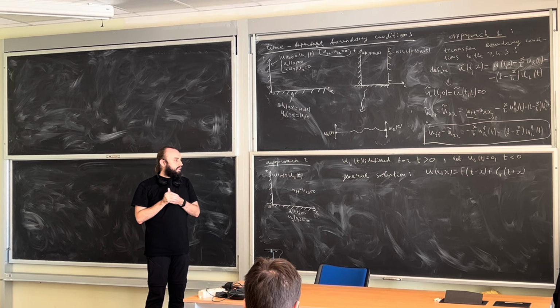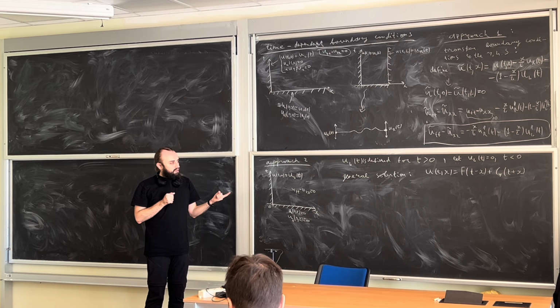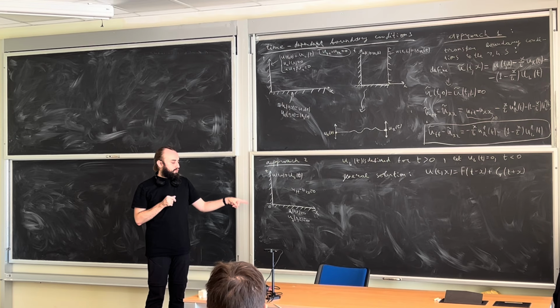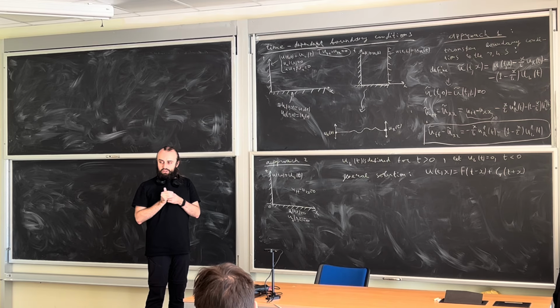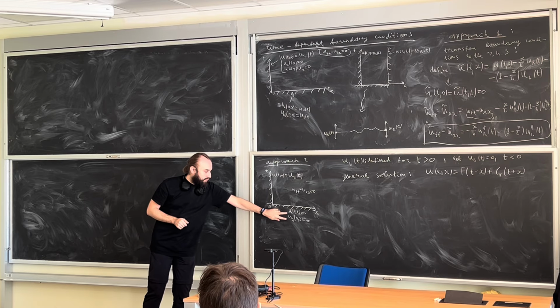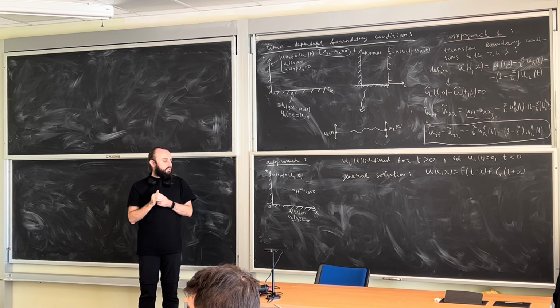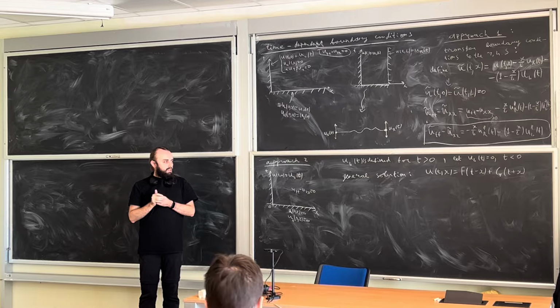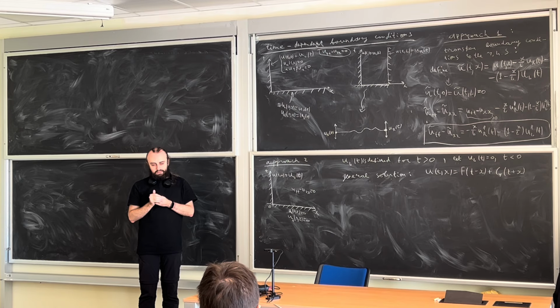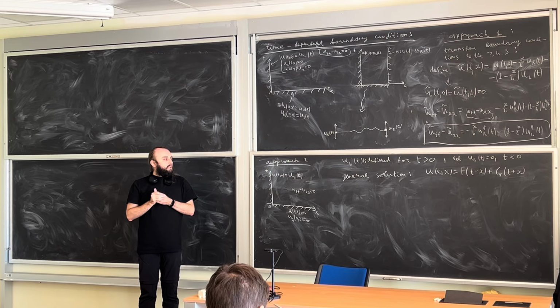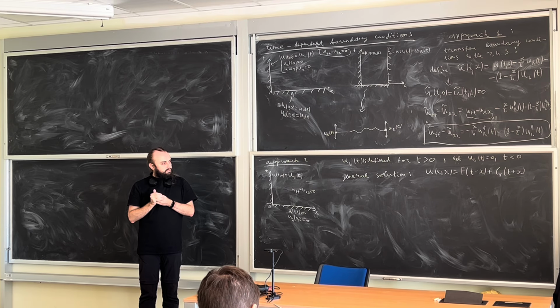But in this case, you will have a non-trivial value for either u or u_t. So they should both be 0 for t equals 0.